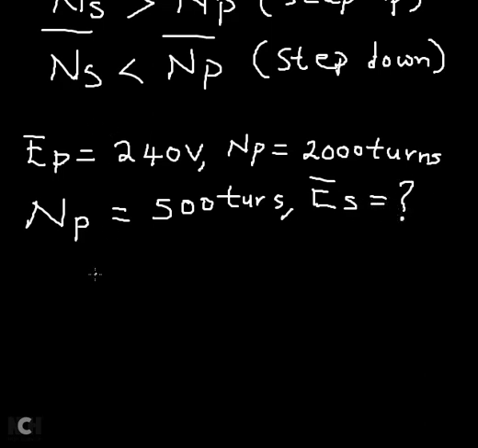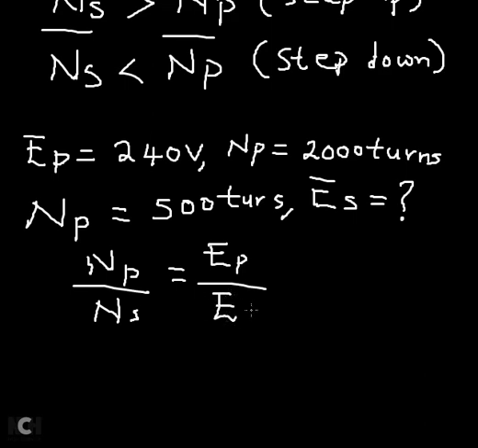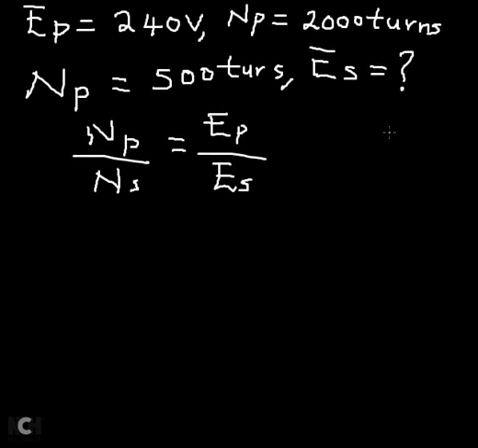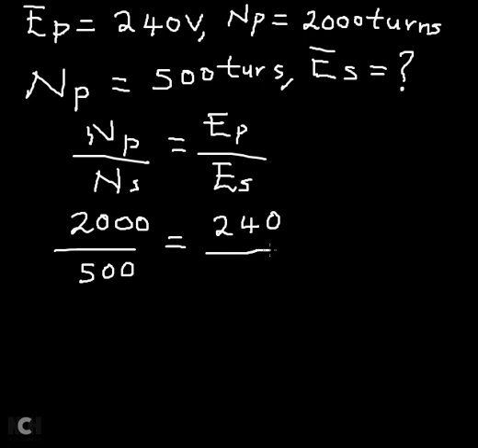Applying the formula, NP over NS equals EP over ES. Let's evaluate. NP is 2000, NS is 500, equal to EP, which is 240 volts, divided by ES.